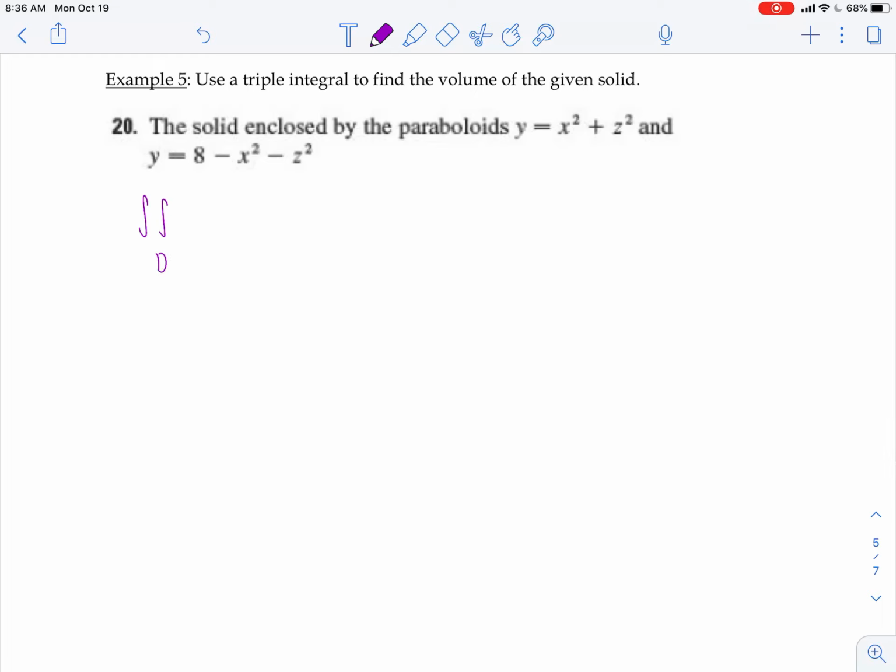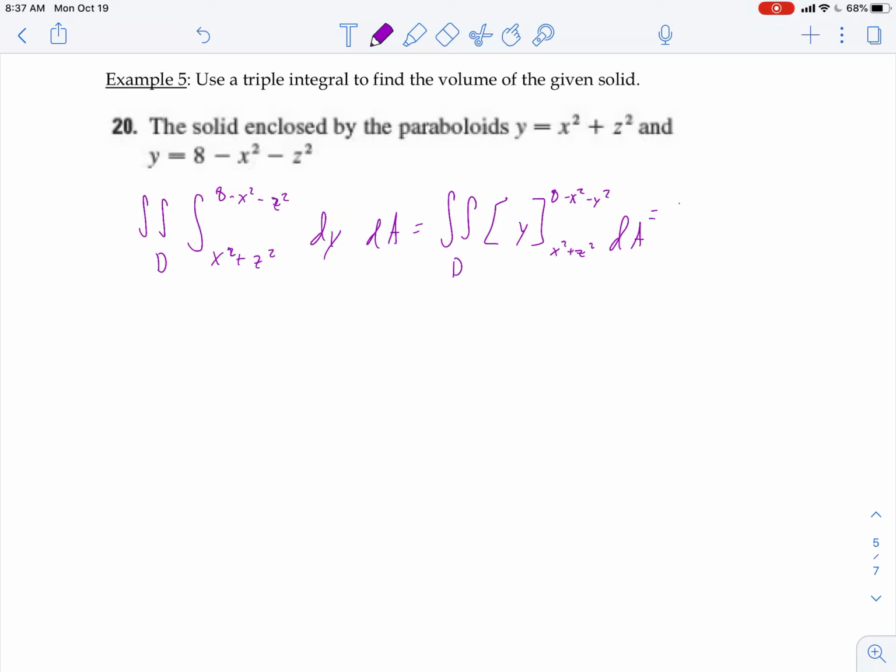All right, so let's go ahead and write this up here. Again, here's our region, 8 minus x squared minus z squared, and then x squared plus z squared is the lower bound of our integral, dy dA. Let's go ahead and integrate that. This is going to be y from x squared plus z squared to 8 minus x squared minus z squared.